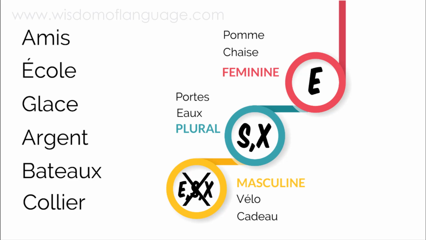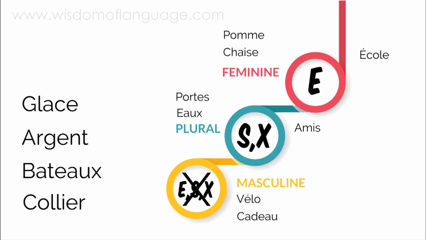First word is amis. It is ending in S, so it is plural. Ami is friend, amis is friends. Next we have a word that is école. It is ending in E, so it is feminine. Next we have another word called glace.